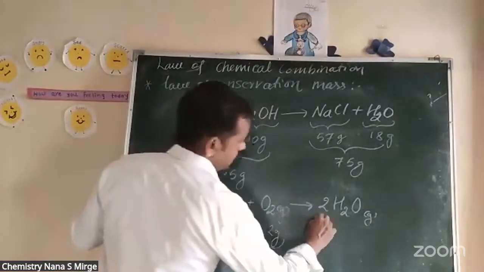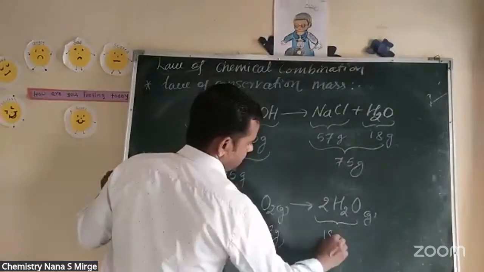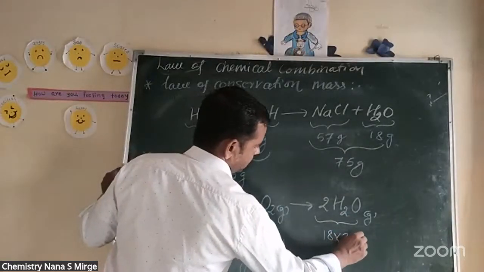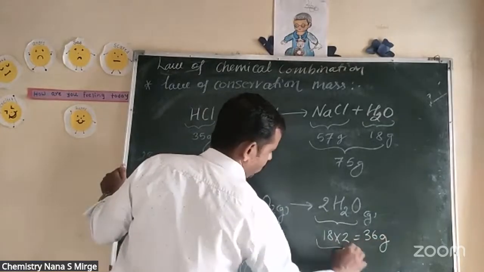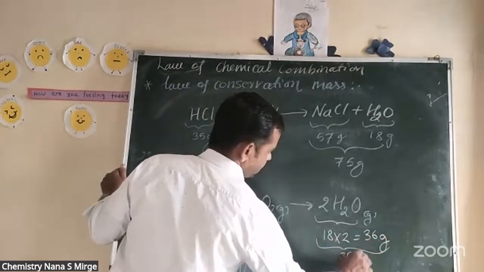And now the total mass of the product is 18 into 2, that is 36 grams. So the total mass is also 36 grams.